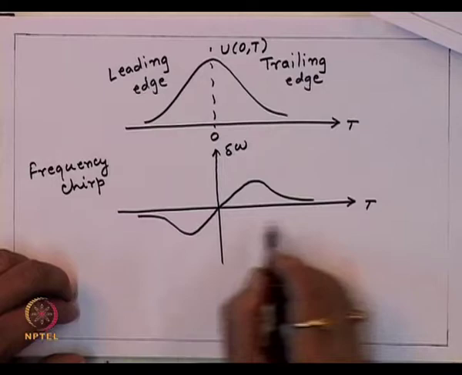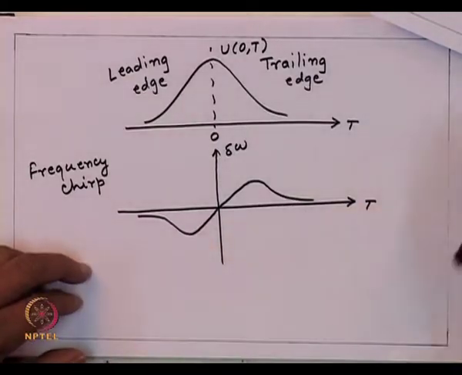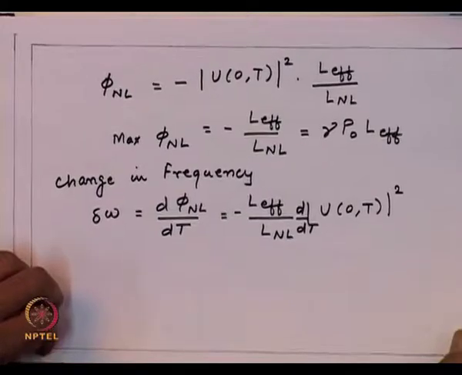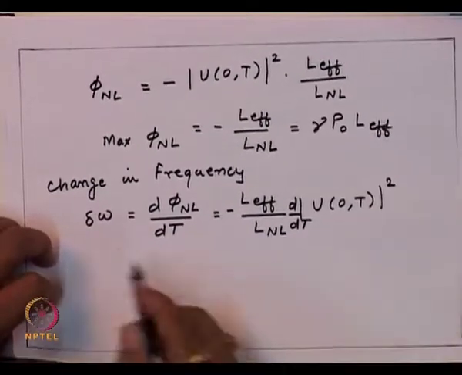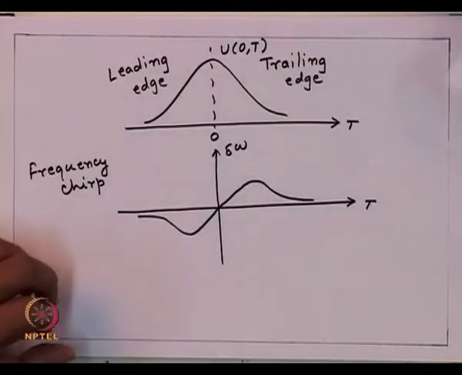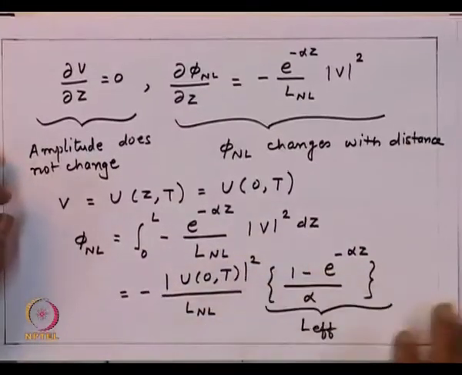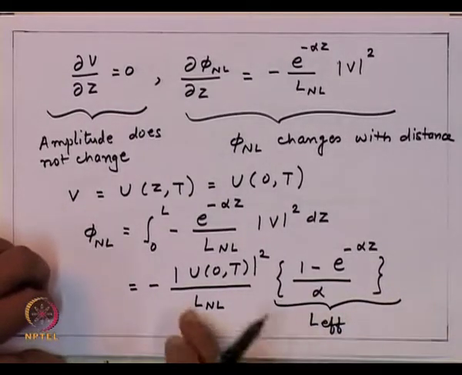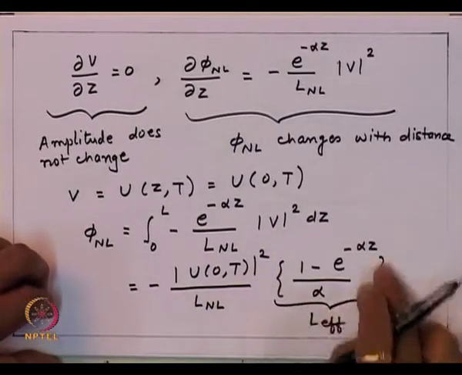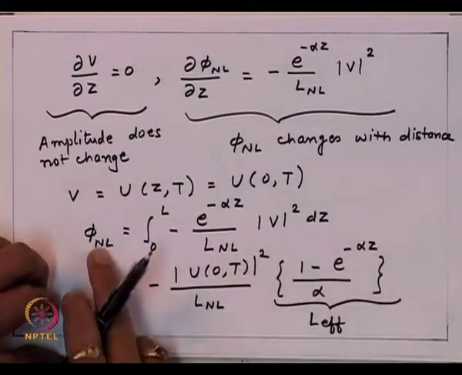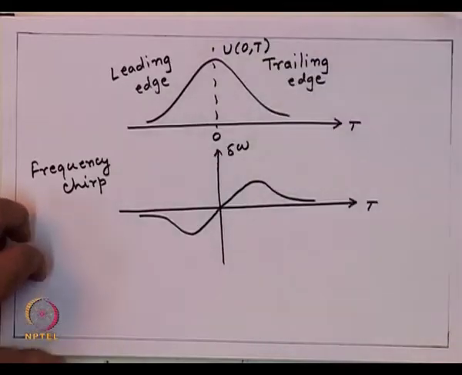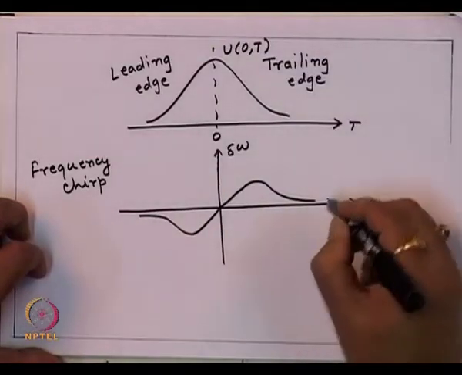So, one can then see that when z equal to 0, we do not have any change in frequency. I can take this function from here. When I take z equal to 0, this quantity will be equal to 0, so I have no change in frequency.